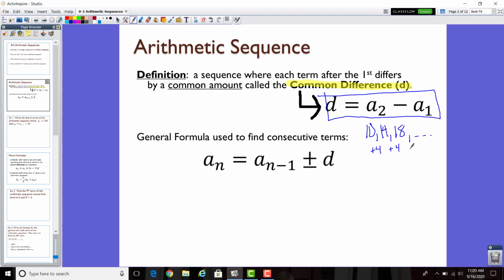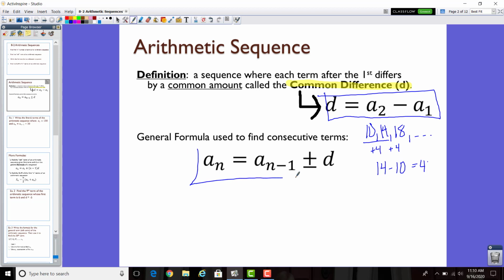But if we weren't able to figure that out, we would have to take any two consecutive terms, say terms 1 and 2, and we would take 14 and subtract 10 to get positive 4. Has to be consecutive, and you have to take the one behind it minus the one in front of it. That will always give you your d value.